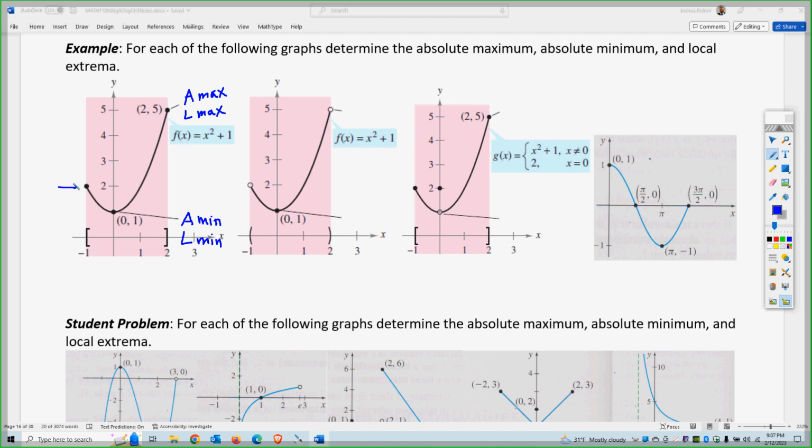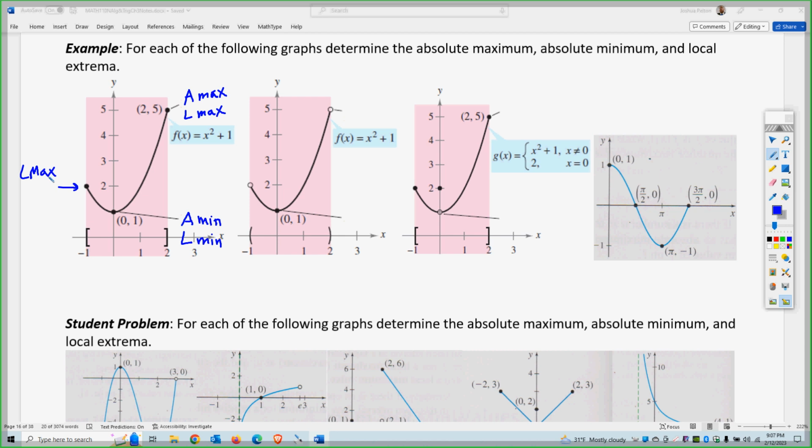This over here is a relative or local max. I'm just abbreviating here because of the amount of room, though you shouldn't abbreviate. So absolutes are also local or relative, but locals or relatives are not necessarily absolute.